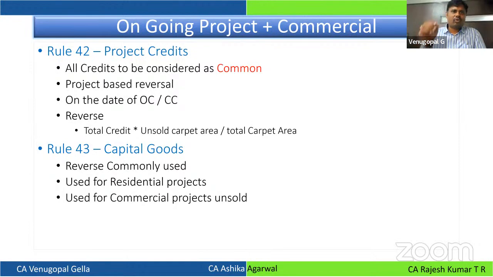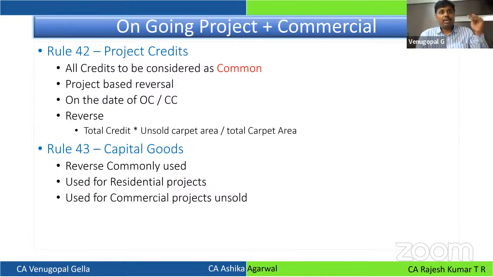They said whatever is being procured is to be treated as common. Segregate it project wise. On the date of the occupancy certificate or completion certificate, you compute how much has to be reversed. The reversal is the total credit available into unsold divided by total.